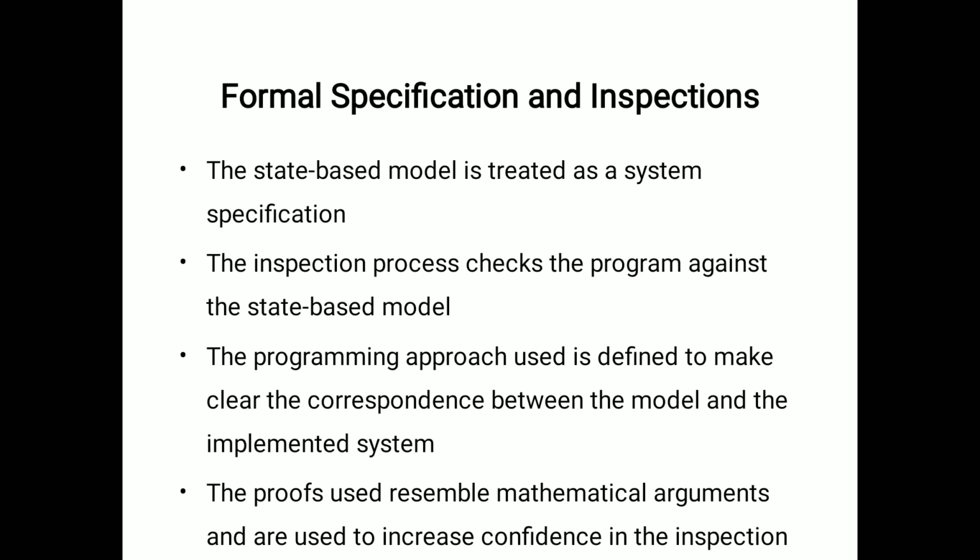Now this is the formal specification and inspection. The state box model is treated similarly to a system specification. The inspection process checks the program against the state-based model, and the programming approach used is defined to make clear the correspondence between the model and the implemented system.